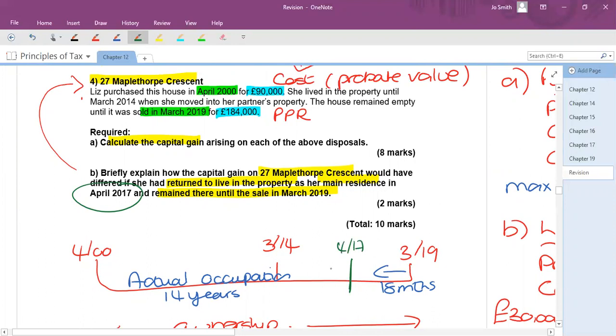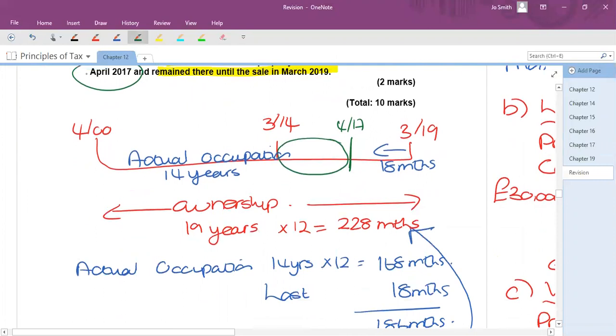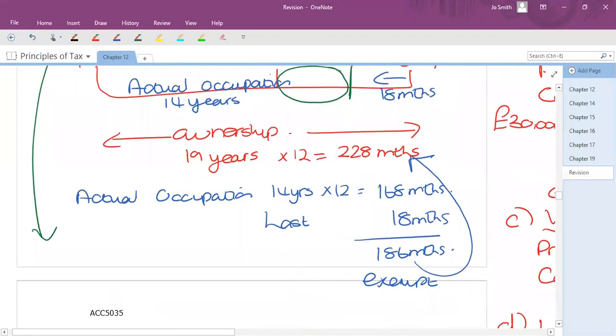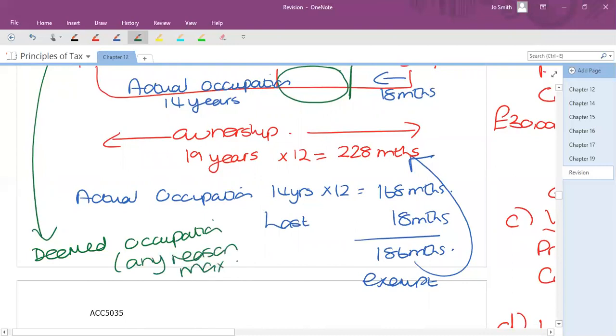So what would have happened is this time frame here would have been classed as deemed occupation under the rules of absent for any reason, which is a maximum of 36 months.